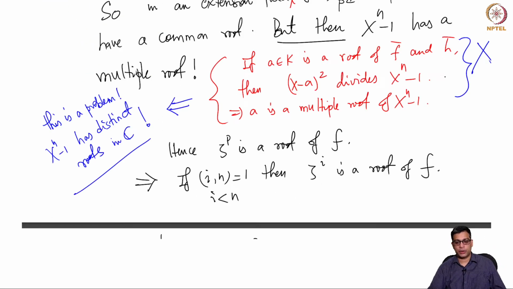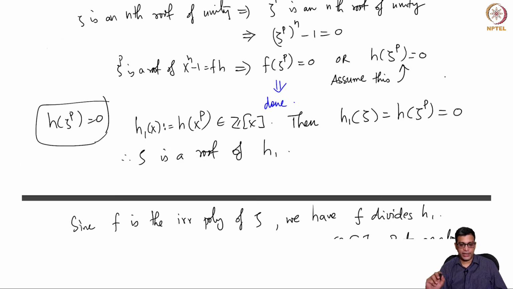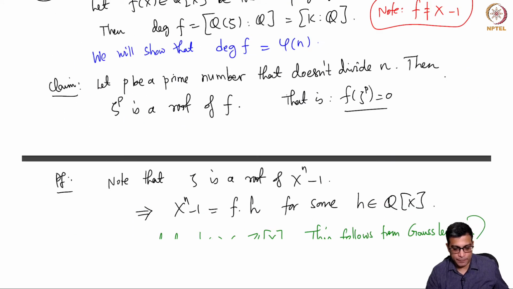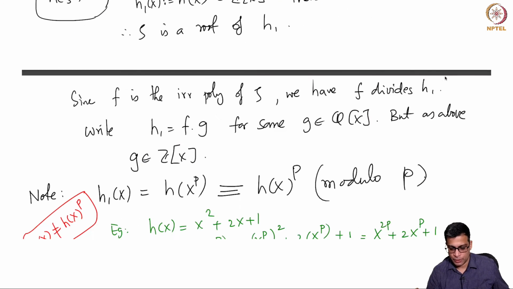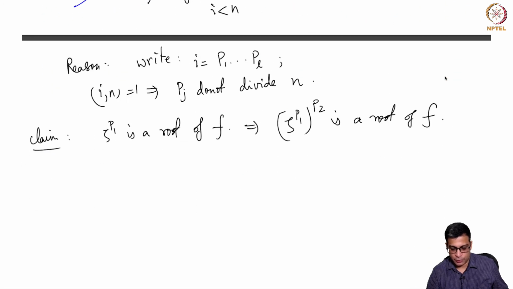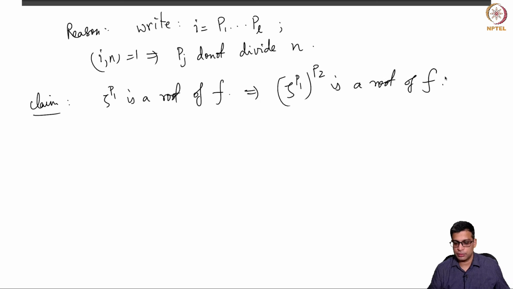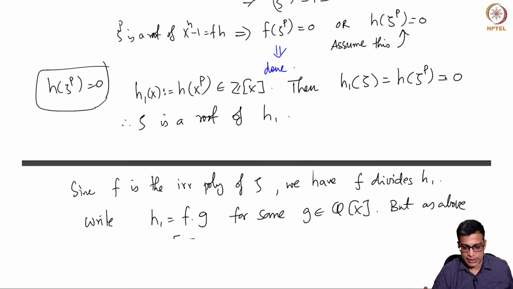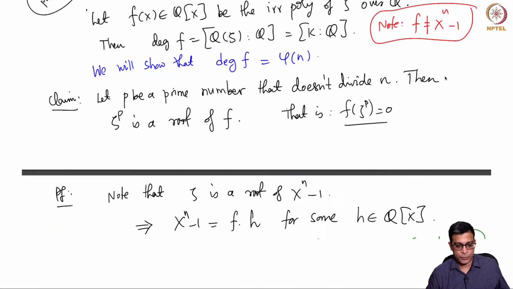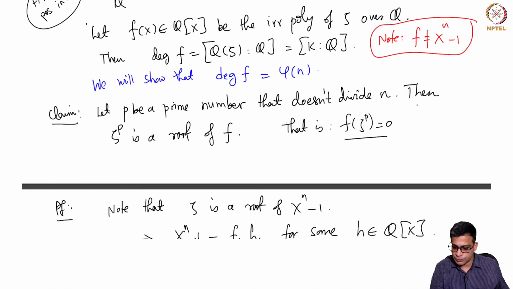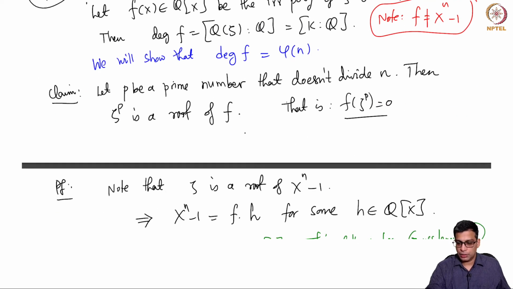Because if you go back to the proof, what we critically used is that zeta is a primitive nth root of unity. So if zeta is a primitive nth root of unity, zeta power P1 is a primitive nth root of unity, which is a root of f. Then the claim shows that zeta power P is a root of f.